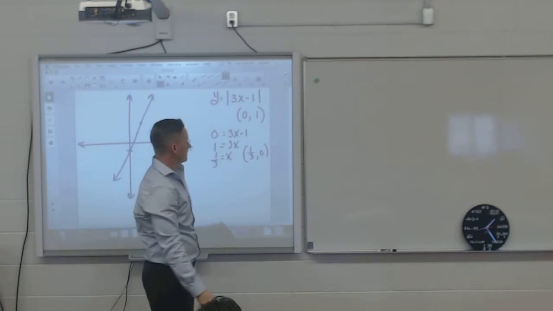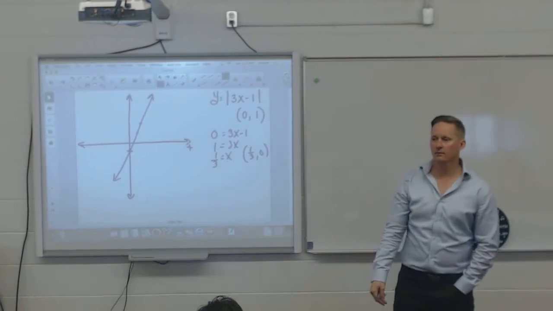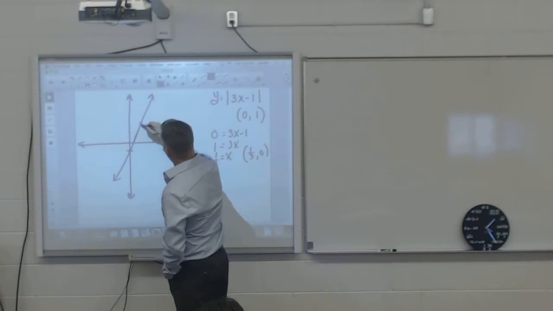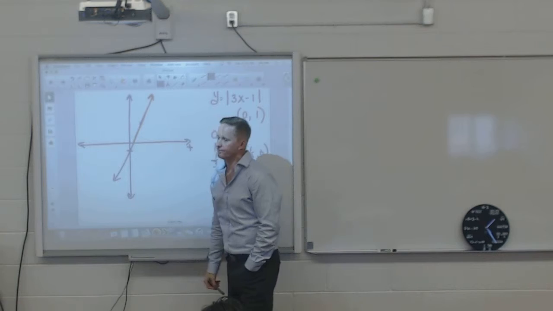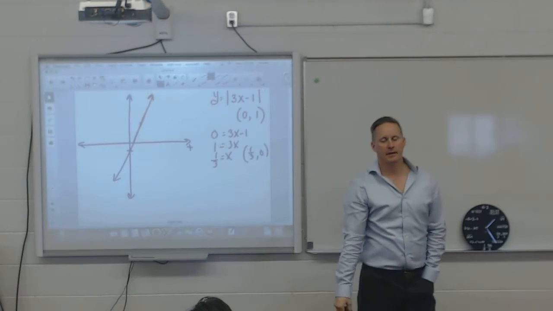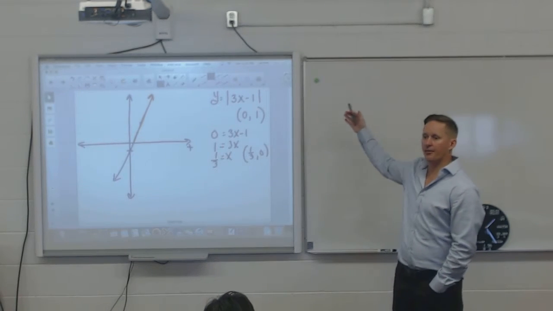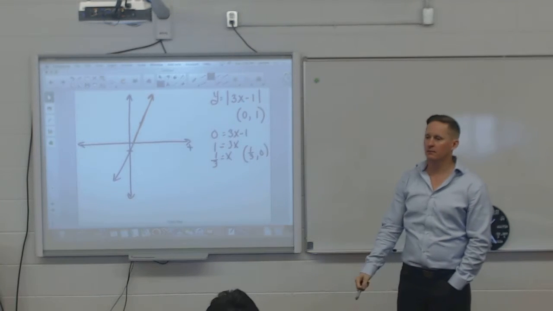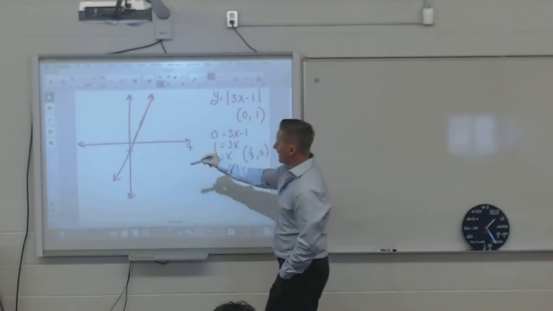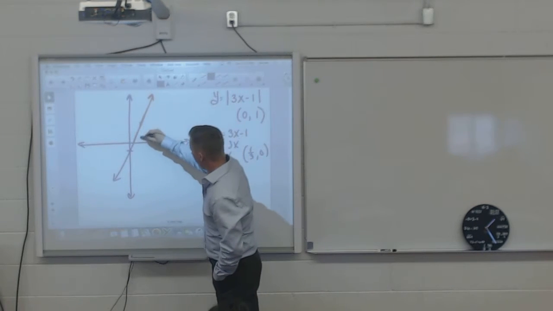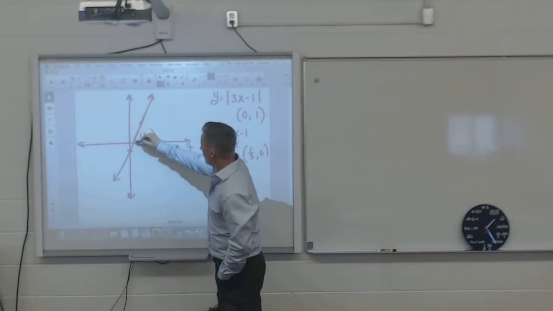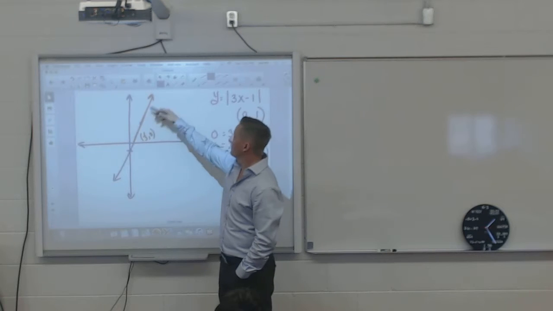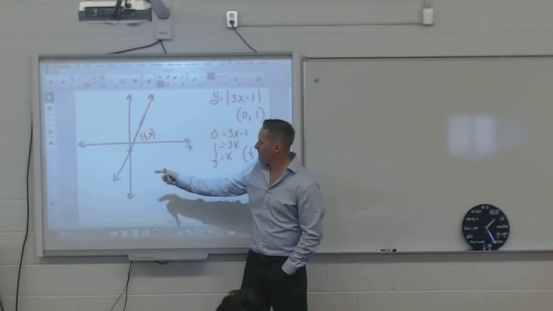So now, to get the absolute value from this 1/3 part right here, up here, it all stays the same. From when x is greater than 1/3, those are already positive, so they stay that way. This point right here is 1/3 and 0, right? We just figured that out. So all the x values over here, my domain is greater than that, they all stay there. But what happens to all of these ones?